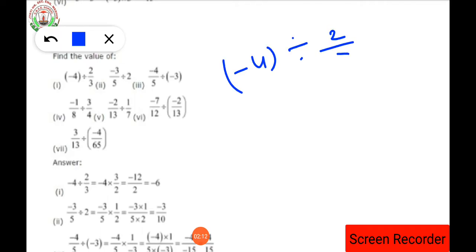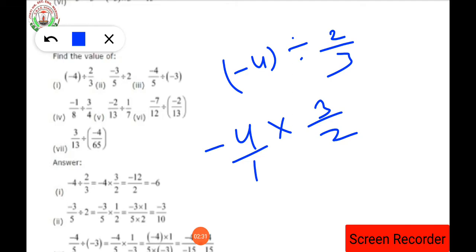So the number gets reciprocated. Try to reciprocate the right hand side. Don't reciprocate the left hand side. You can reciprocate the left hand side also, but it will be more convenient if you reciprocate the right hand side number. Why had we reciprocated? Because a divide sign is present between the two numbers.